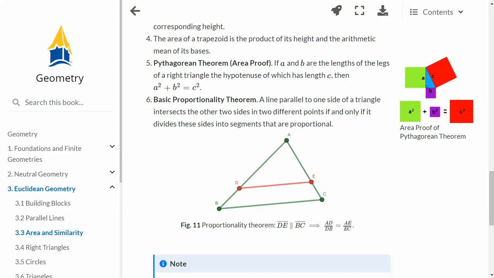So what this is saying is that anytime I draw a line that's parallel to one side of the triangle and intersects the other 2 sides, that it will divide the sides into lengths that are proportional. So AD divided by DB is going to be the same real number as I get when I take AE and divide by EC. So AD divided by DB is equal to AE divided by EC.